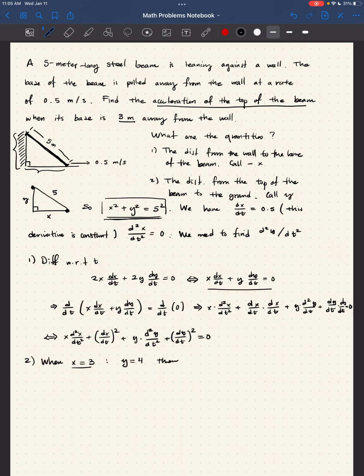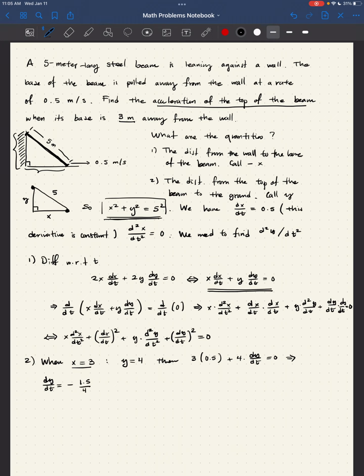Then, based on this equation, we have 3 times 0.5 plus 4 times dy/dt equal to 0. So solving for dy/dt, we obtain that dy/dt is negative 1.5 divided by 4.